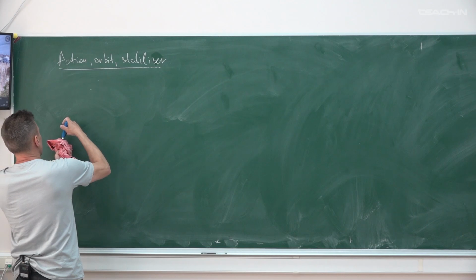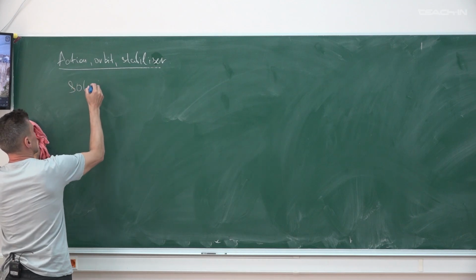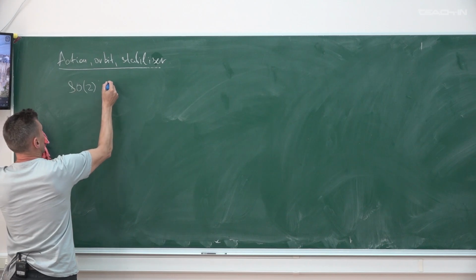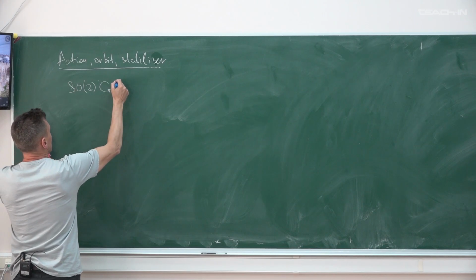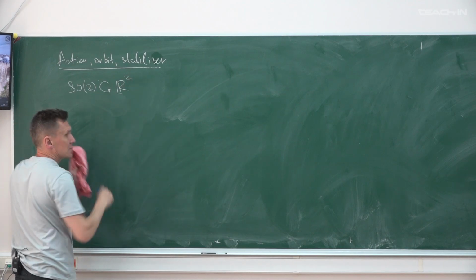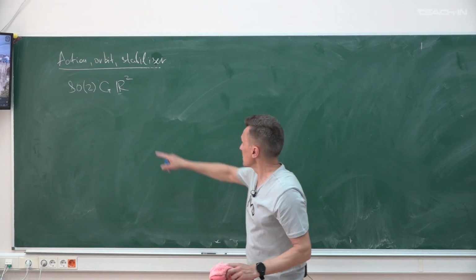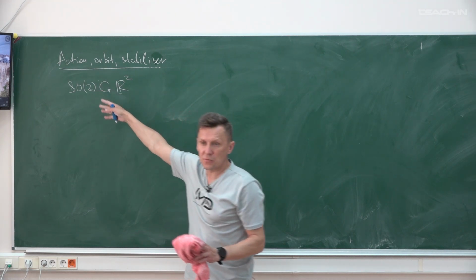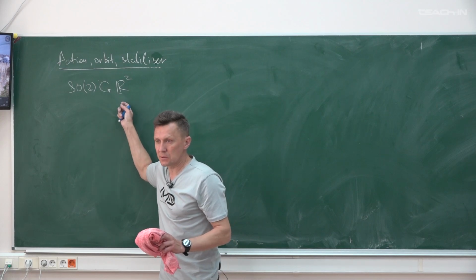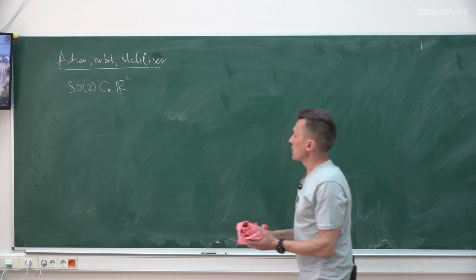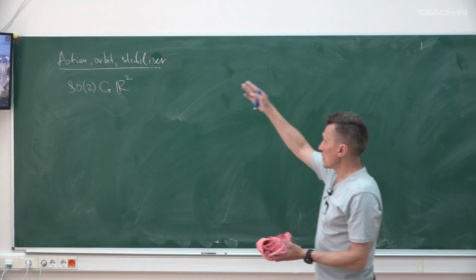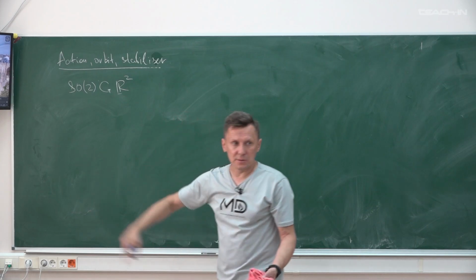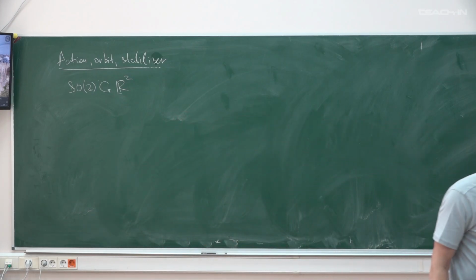Let us consider the SO2 action on R2. It's just the conventional notation for the action of a group on a set. The group SO2 acts on R2 just by isometries.